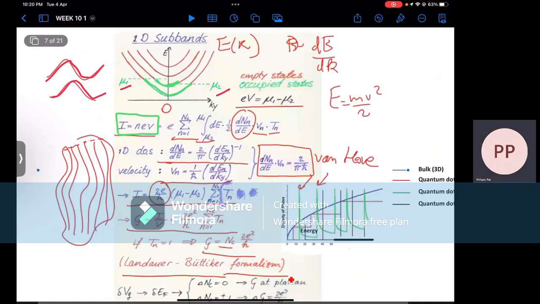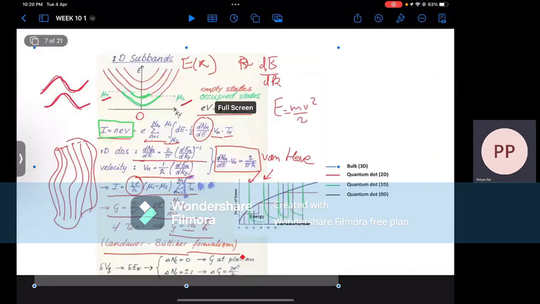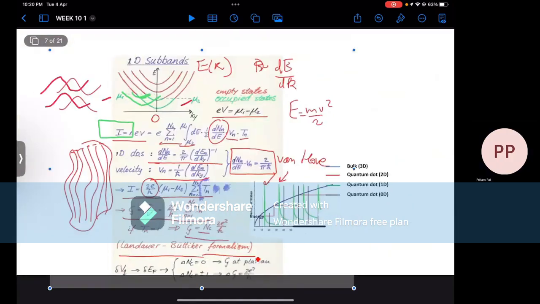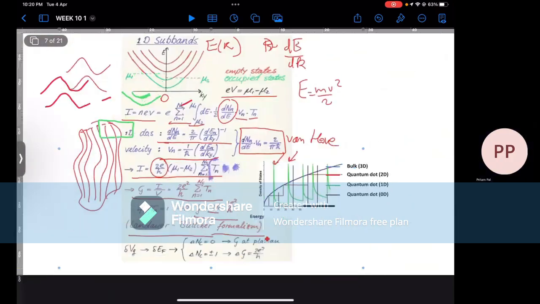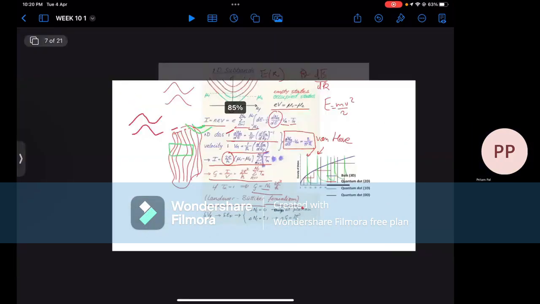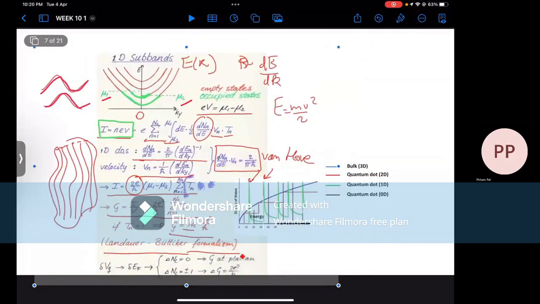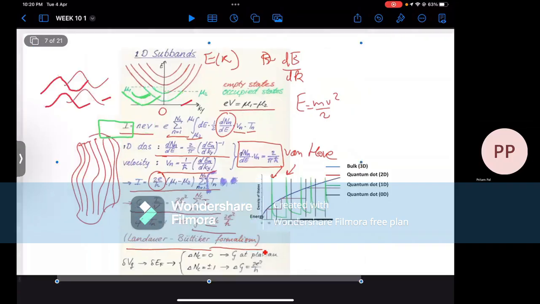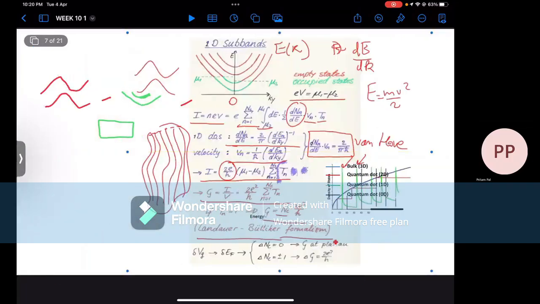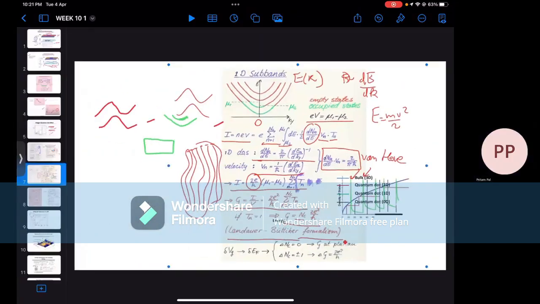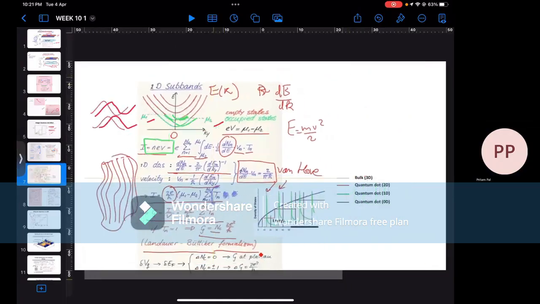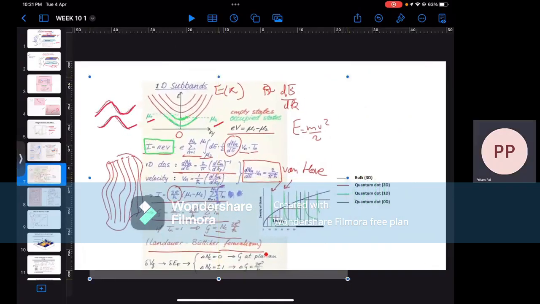For n equals 1, so I think if we draw something, it will change.